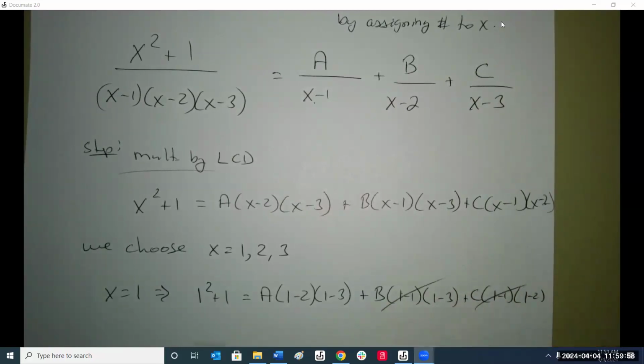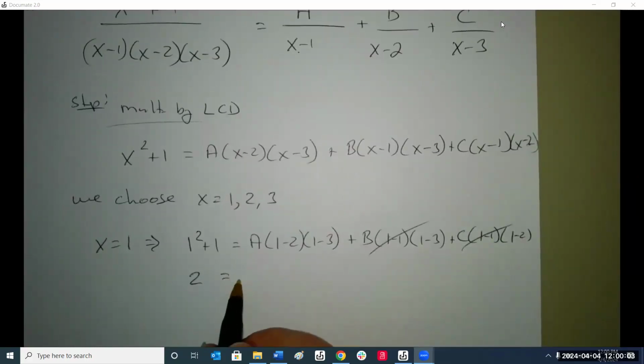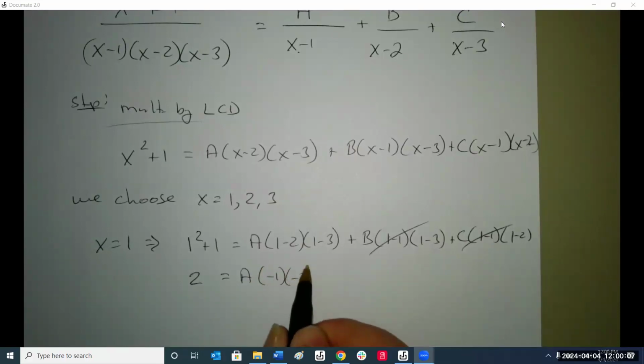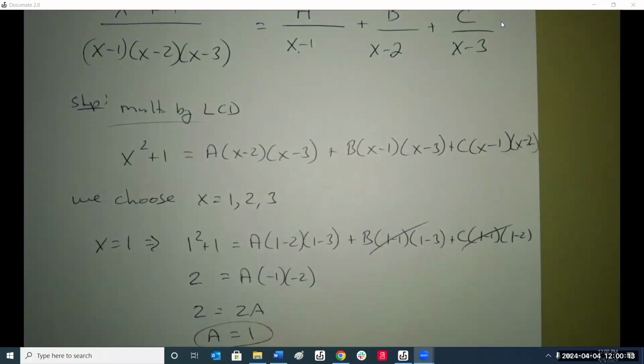So these are gone. We have 2 is equal to A times -1 times -2. So A is equal to 1.